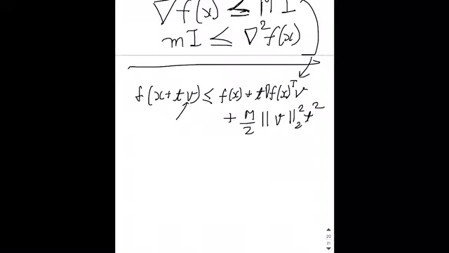We are denoting the steepest descent direction with v, which is minus gradient of f of x.